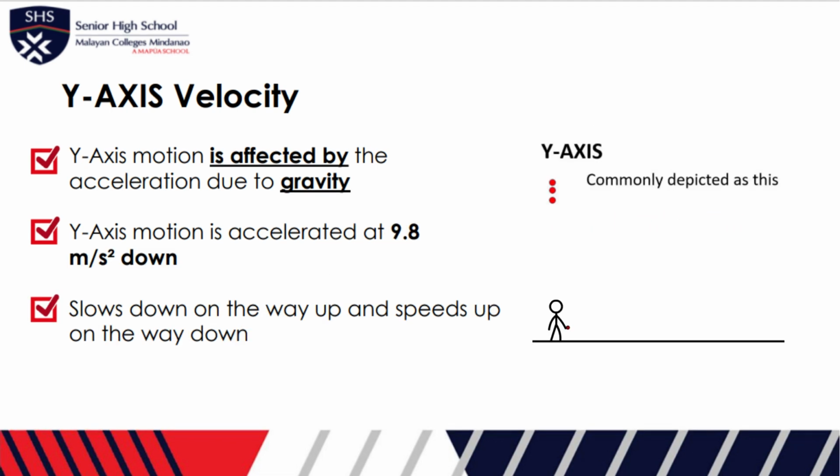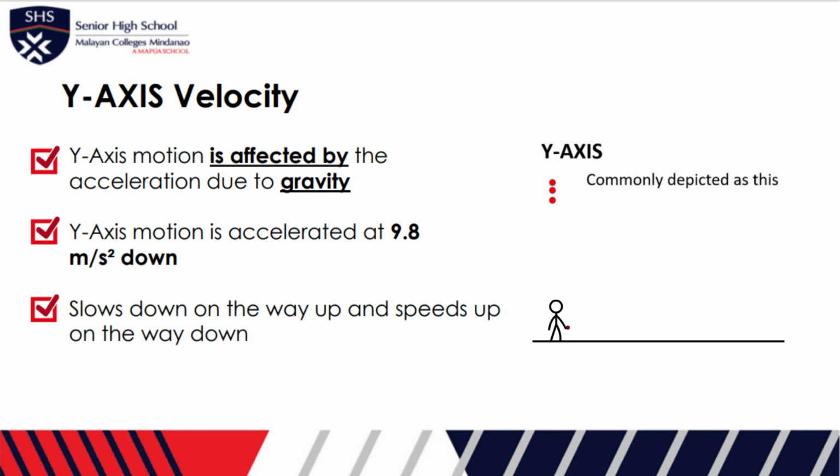Now, talking about the y-axis velocity, y-axis motion is affected by the acceleration due to gravity because, as mentioned, gravity is affecting the y-axis or the vertical motion of an object.